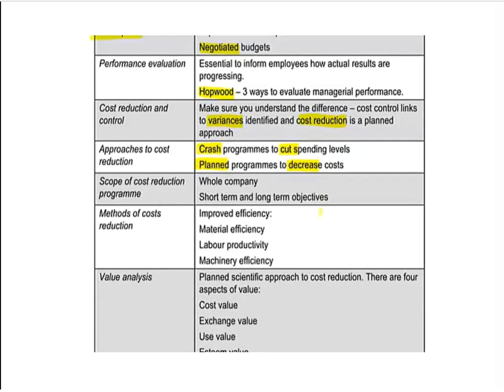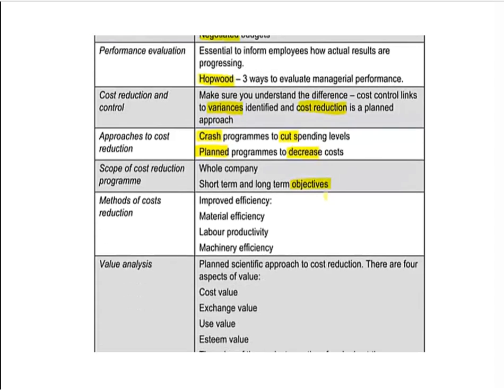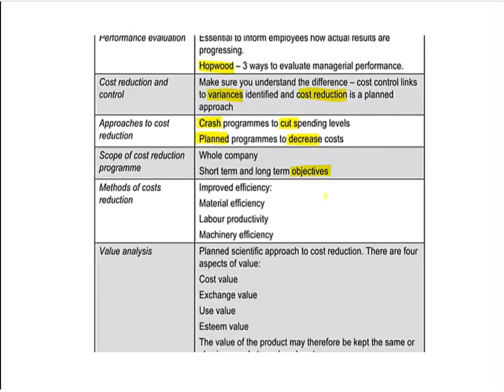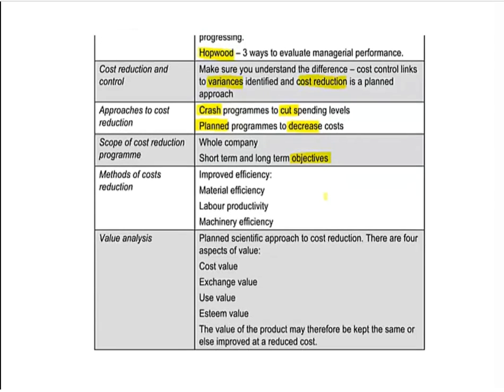The whole company then should be considered, and we need to consider objectives for both the long and the short term. Different ways then to reduce costs can come through efficiency, and that could be to do with materials, labour or machinery. With value analysis then, we're looking at the planned scientific approach to cost reduction.